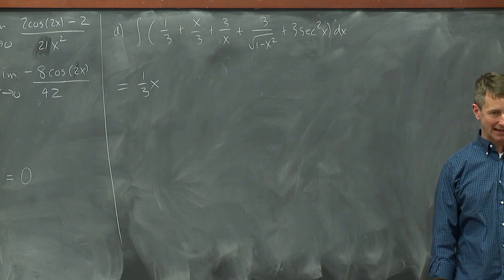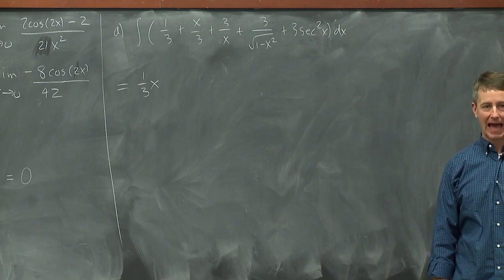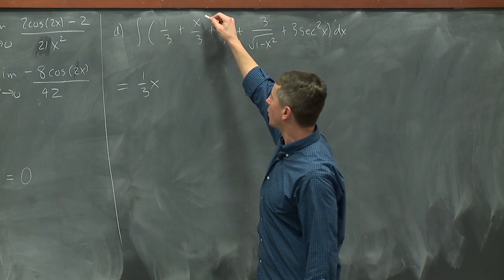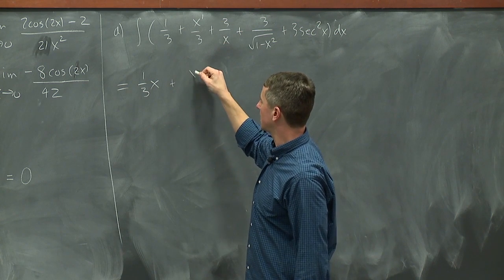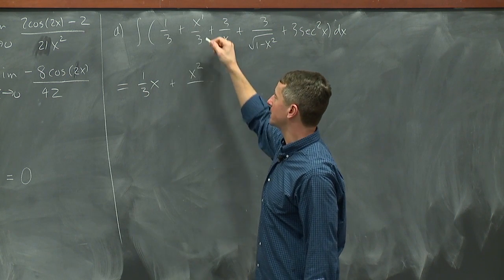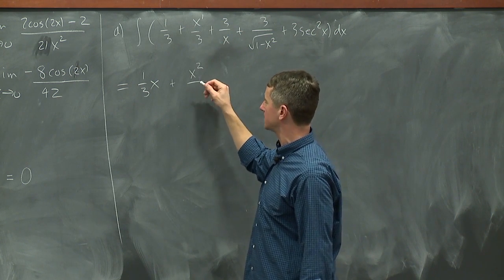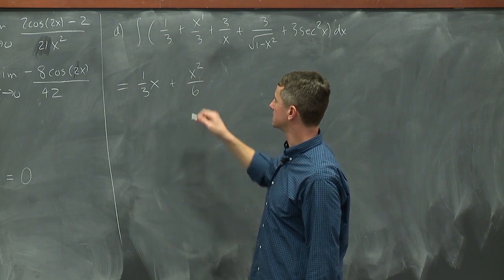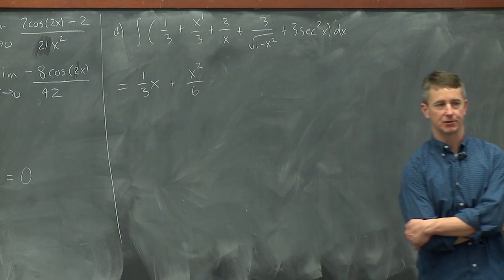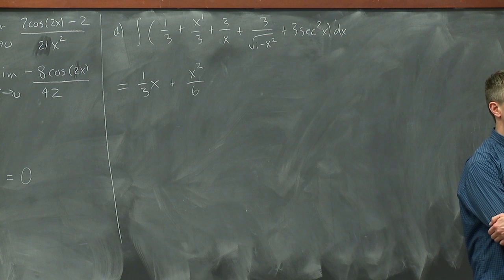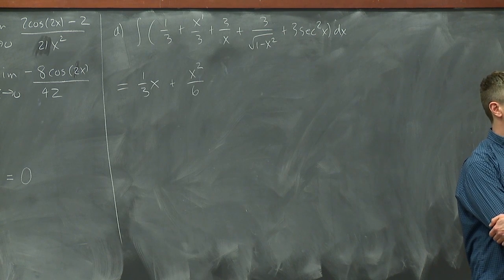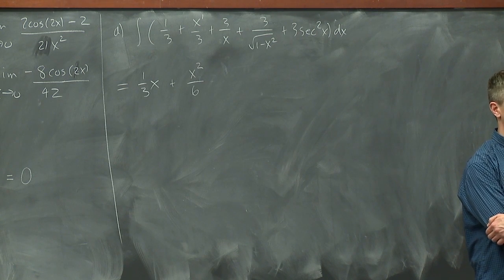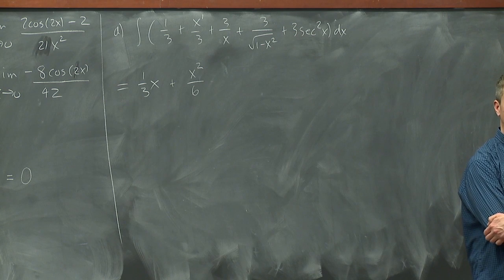So instead of subtracting 1 from the exponent and multiplying, we add 1 and divide. So x to the 1 will become x to the 2, and then we divide by 2, but we already had a 3 on the bottom, so now we have what on the bottom? 6. And if you take the derivative of that, do you get x over 3? Yes, you get 2x over 6, which simplifies to x over 3, right? That's how we can always check if we've got the right answer.